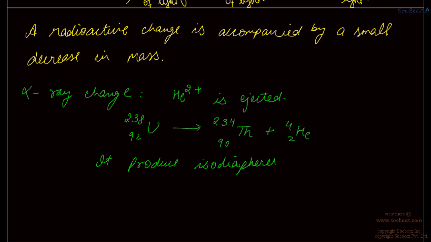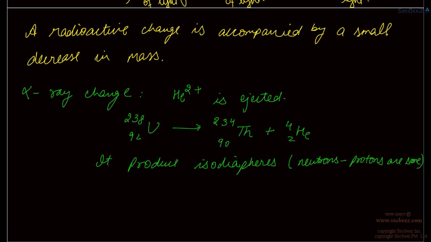Isodiaphers means any two elements which have the same difference of number of neutrons and protons. So the difference, neutrons minus protons, is the same in case of isodiaphers.